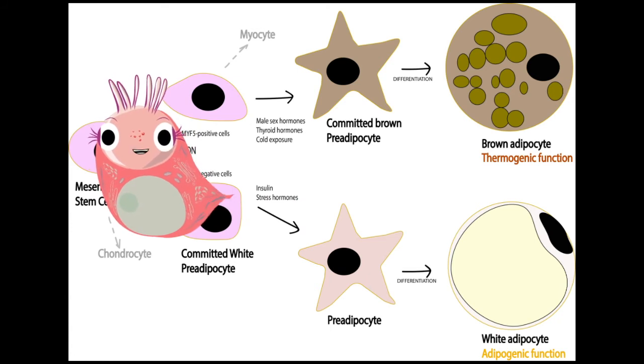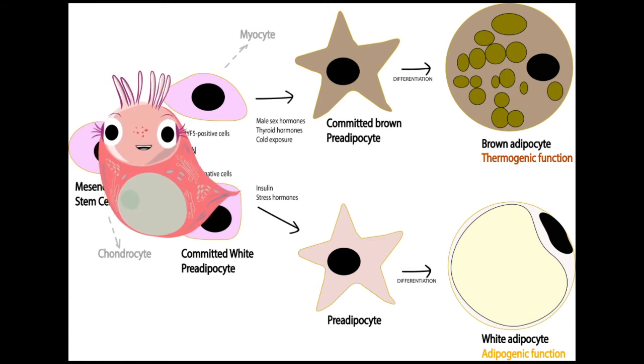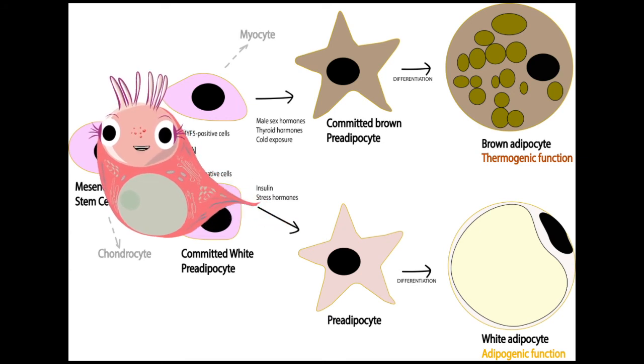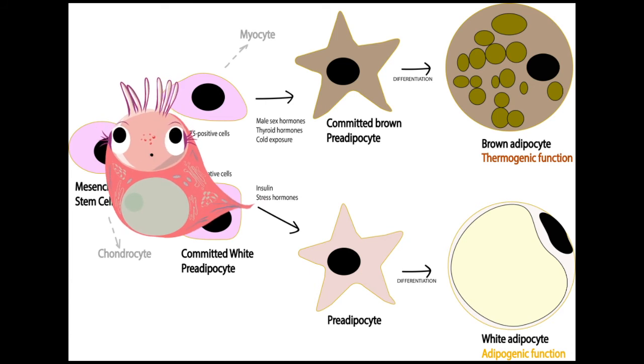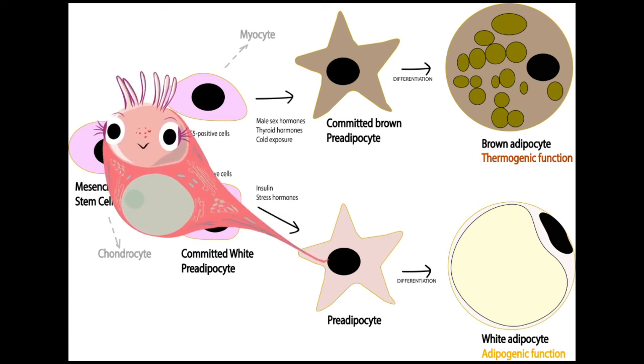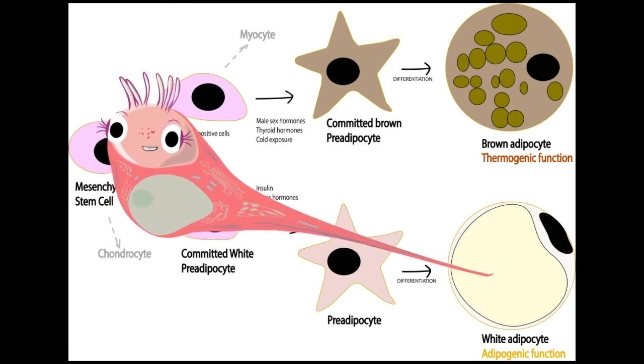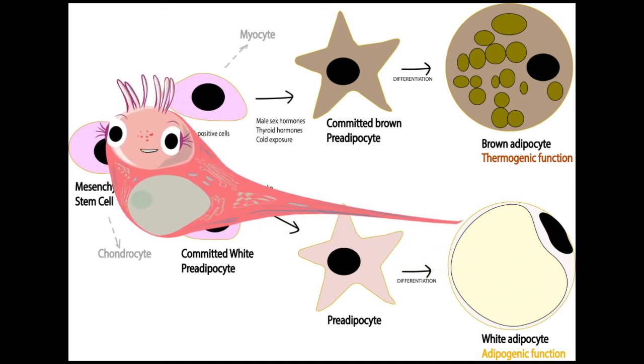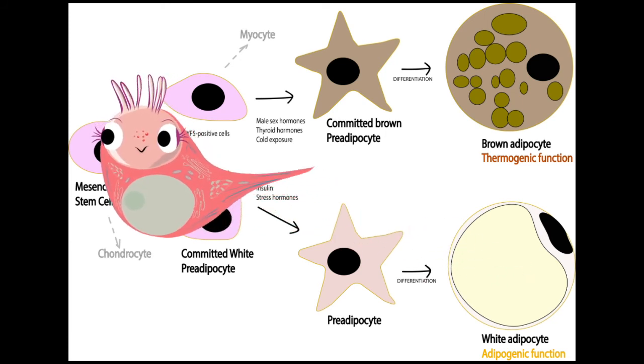So it is possible to have a MIF5 negative cell that never really becomes a fat cell just because it's not exposed to these signals, but as soon as it becomes exposed to them, it will differentiate into the pre-adipocyte and then the white adipocyte, and it will build its droplet pretty quickly and store fats in this droplet.